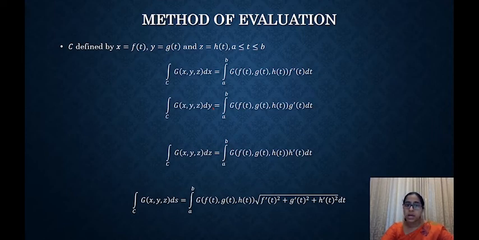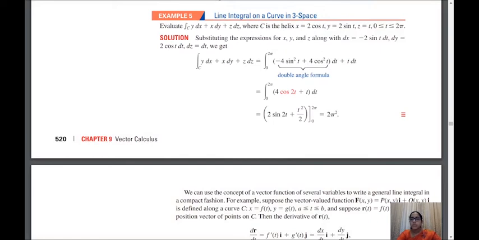The example is to calculate a line integral on a curve. We are given the curve C, which is the helix x equal to 2 cos t, y equal to 2 sin t and z equal to t, and the variation of t is given to be from 0 to 2 pi. So what will we do?